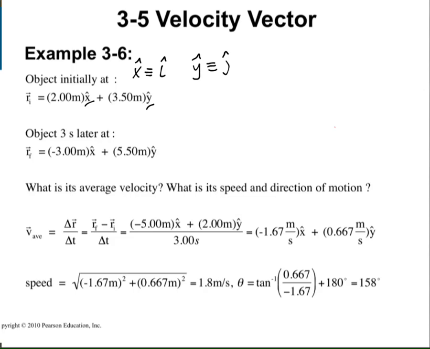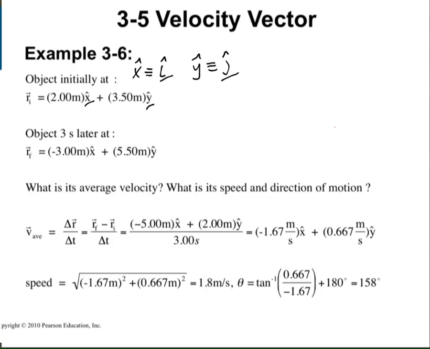I think in your next quiz, you will see some problems where the vectors are given with this representation, i and j. Whenever you see i, that means the unit vector in the x direction, and j is the unit vector in the y direction. So let's look at this example to calculate the average velocity vector.